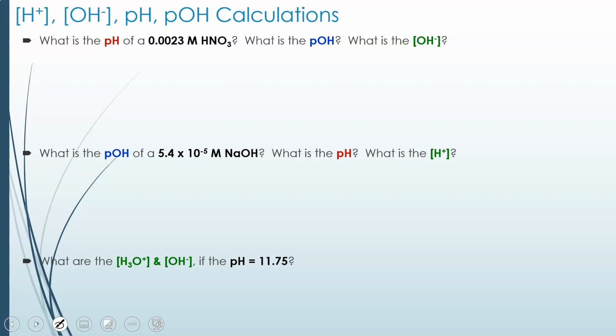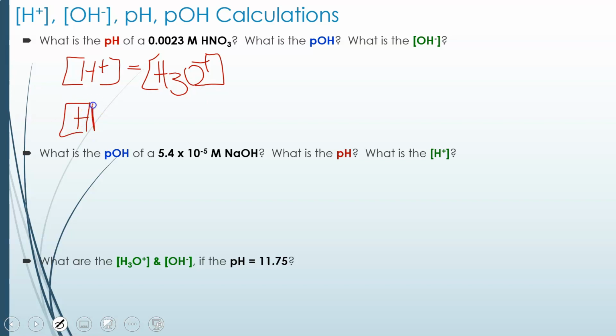Okay, well, you'll notice I didn't give you anything to start with. I didn't give you the actual proton concentration, otherwise known as the hydronium ion concentration. What I gave you, however, was the concentration of nitric acid.